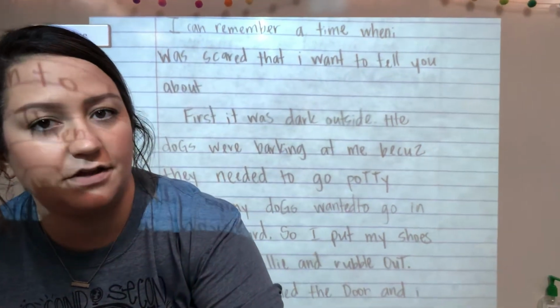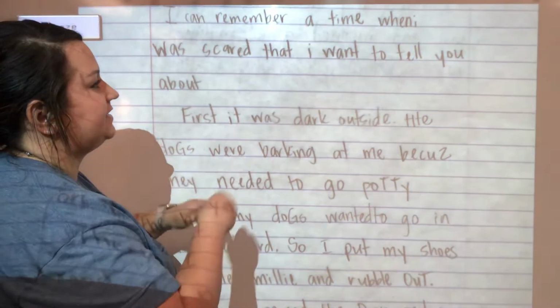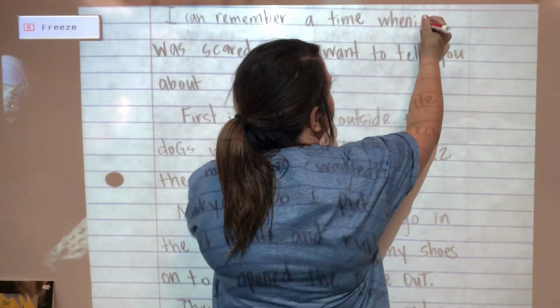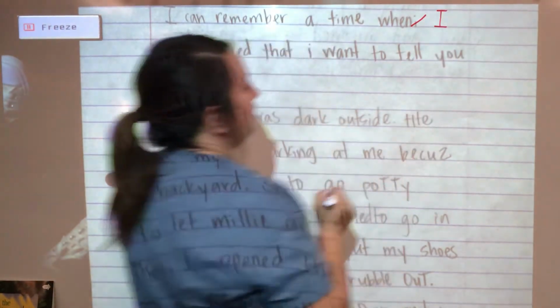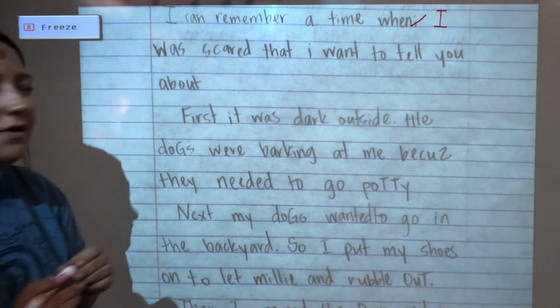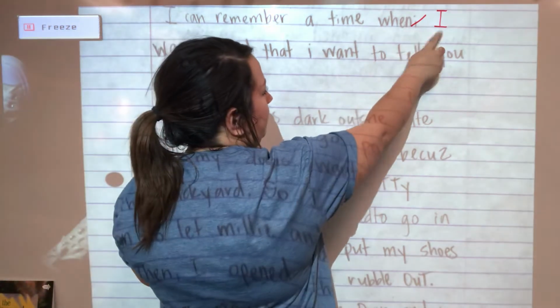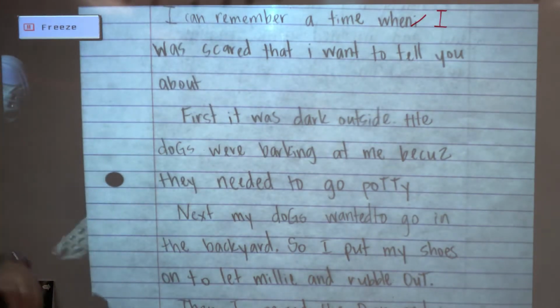Let me scoot you a little bit closer. That W is very close to the I. So I'm just going to cross out this I and I'm going to write it right beside the word when, because I want to make sure that I'm putting spaces in between my words. I also know that the word I is always capitalized, so I'm going to make sure that I capitalize that word I. Okay?